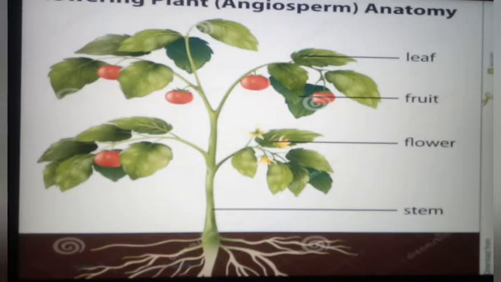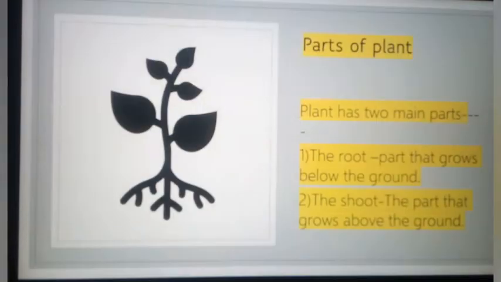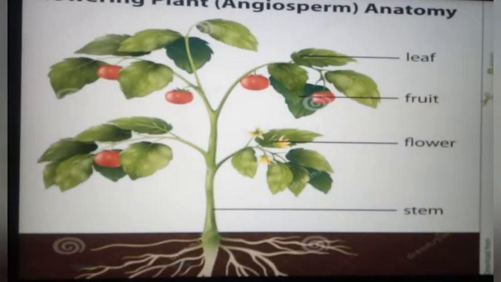Okay, so ideally we can divide a plant into two parts. As you can see on the screen now, a plant has two main parts. First is root and the second one is shoot. Now as you have seen in this picture, the uppermost part, which is above the ground, is known as shoot, and the part which is inside the ground is known as root.